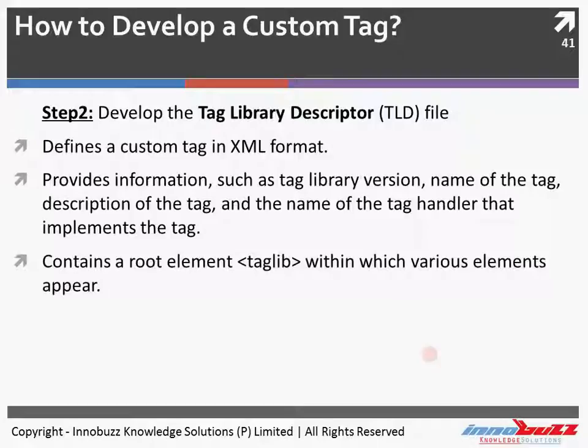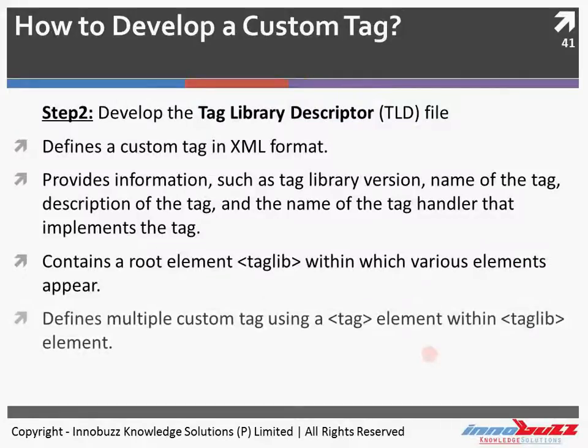It contains a root element called taglib, within which various elements will appear. So this is the root element called taglib, and after that follows tag, tag name, and class, everything. Next, it defines multiple custom tags using tag elements within the taglib element.